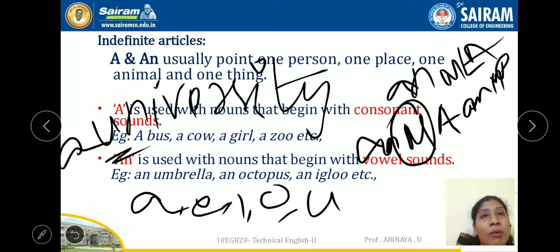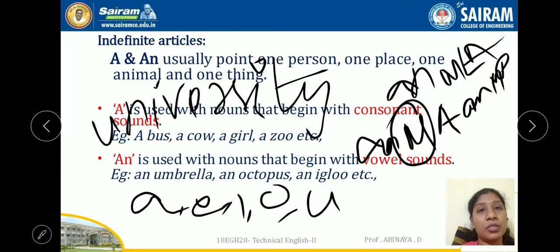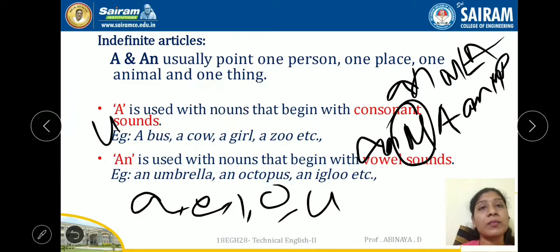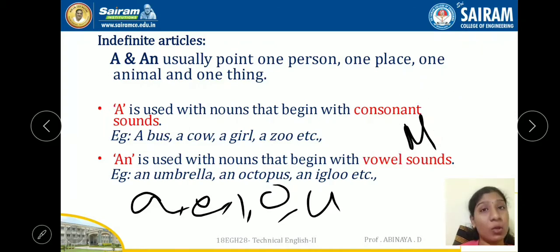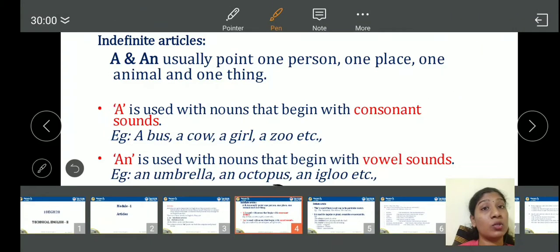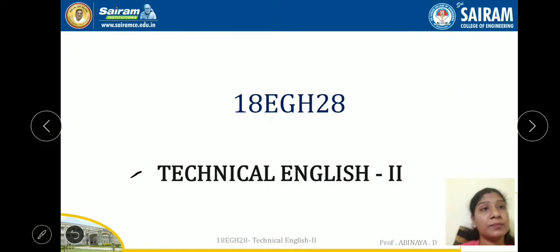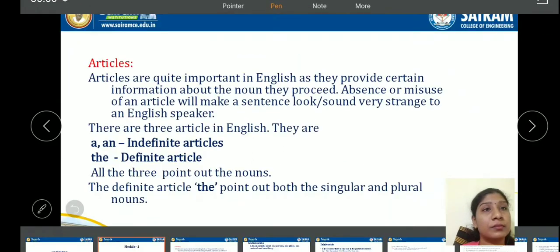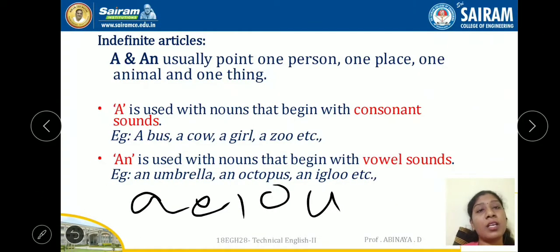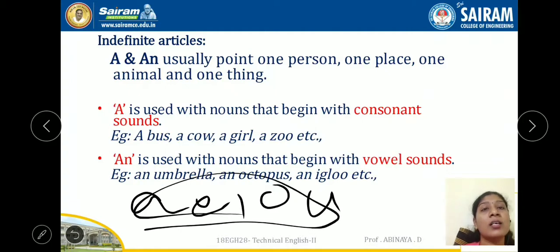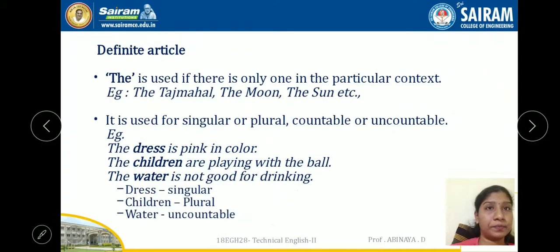So while using a and an, be a little conscious about the sound. You should use a with consonant sounds and an with vowel sounds, not only with letters but also with sounds.